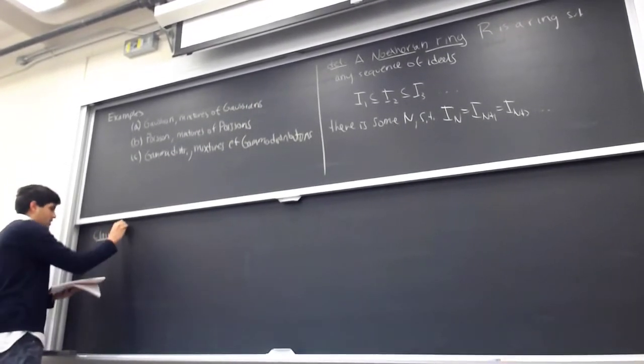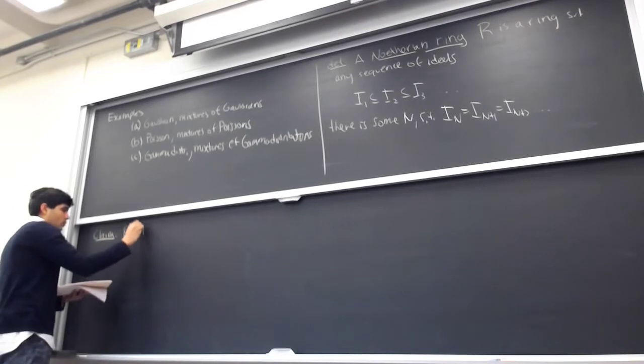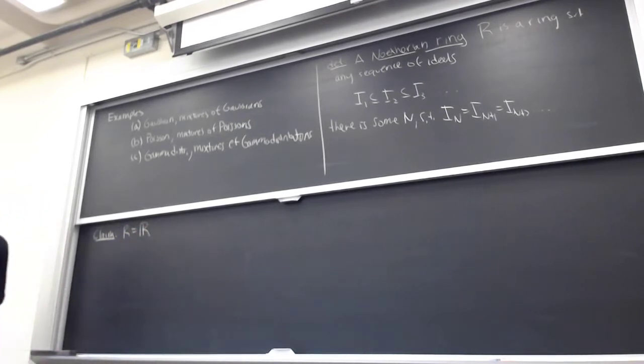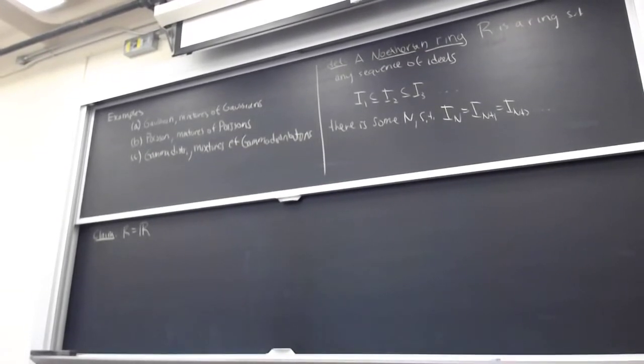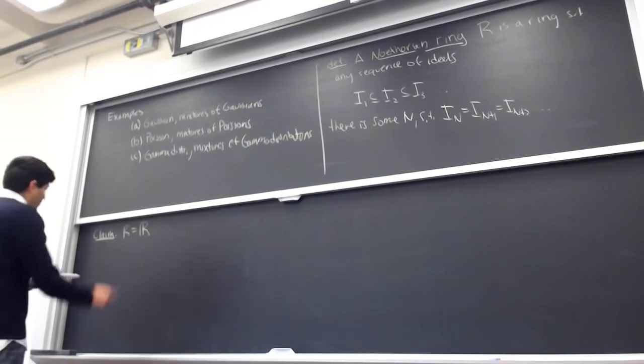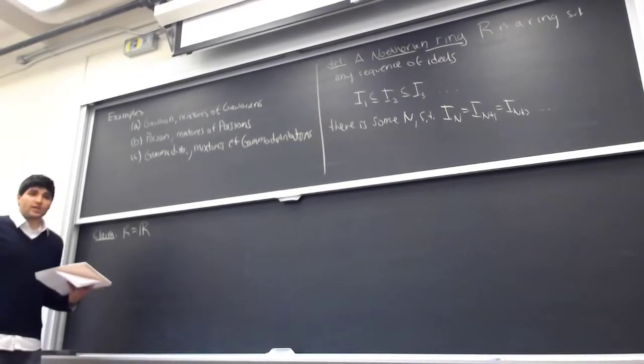So the simple thing is that if I choose the ring to be just the reals, so now I have no polynomials because there's no formal variable x. All I'm doing is just looking at the real values. And I want to say that this ring is actually Noetherian.